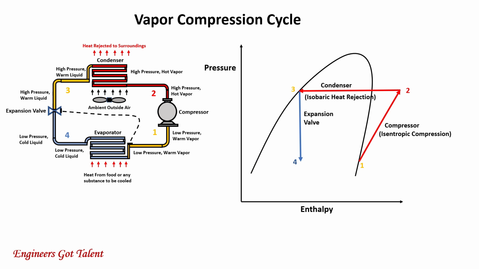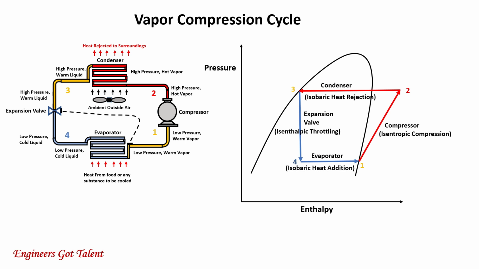Aside from regulating the flow of refrigerant, the expansion valve in the vapor compression cycle maintains a pressure differential between the low and high pressure sides. Low pressure side occurs at the evaporator and the high pressure side occurs at the condenser. From point 4 to 1 is the heat addition at the evaporator at constant pressure, isobaric.